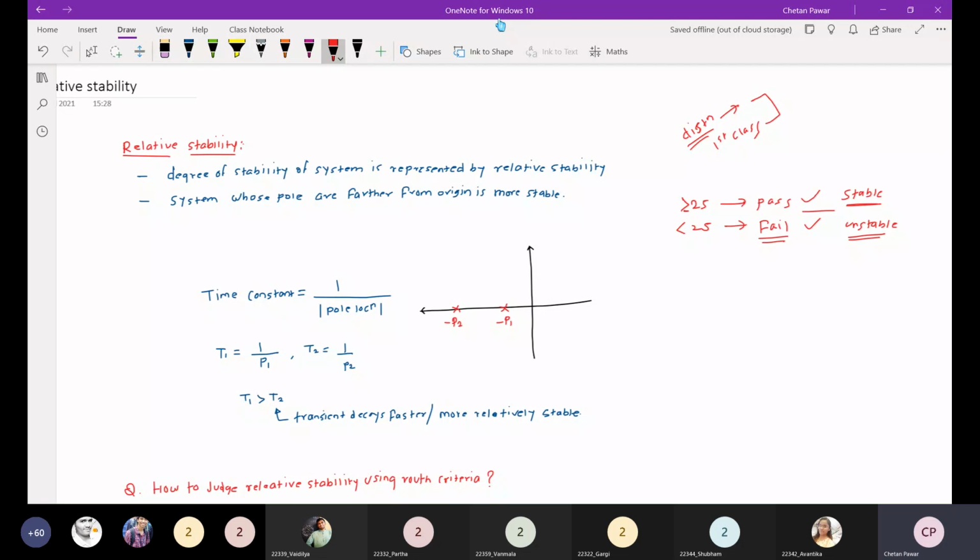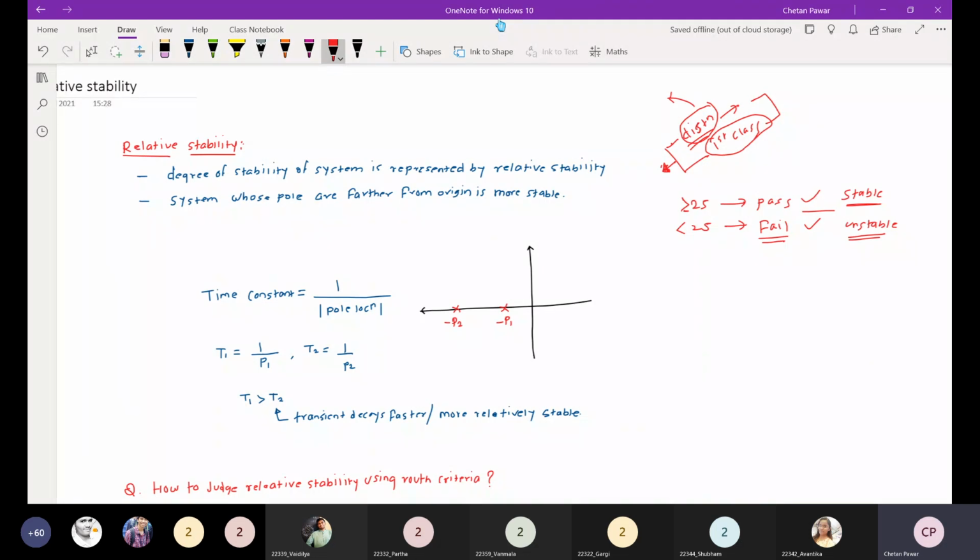These two students come in the pass category, like two stable systems, but the student who got a distinction is relatively more stable as compared to the first class student. The same example you can apply in control systems.